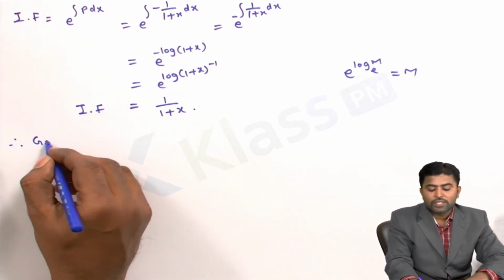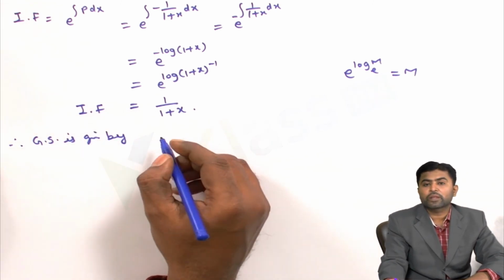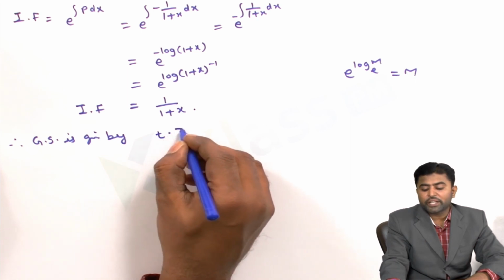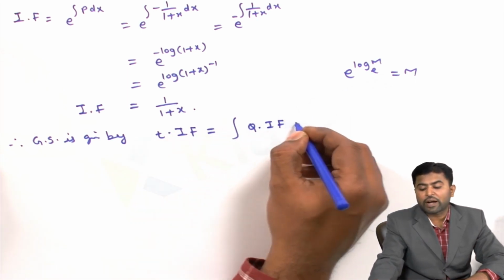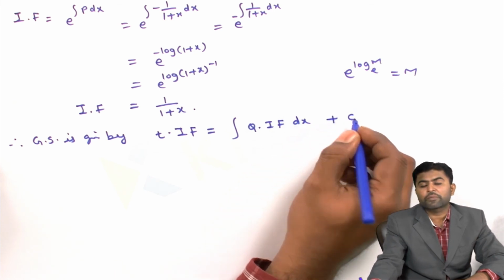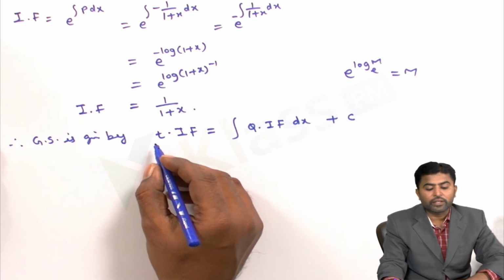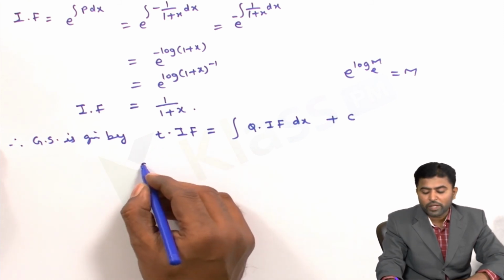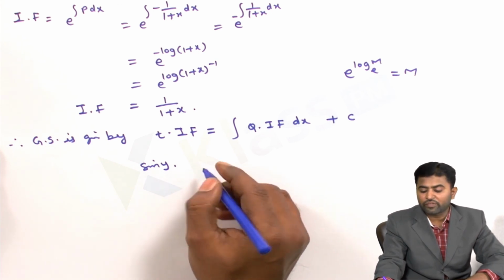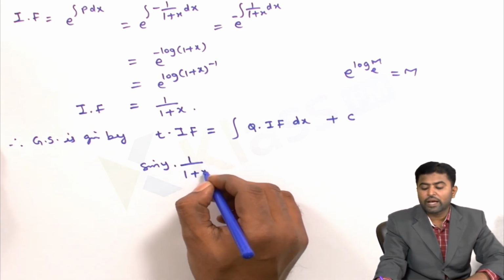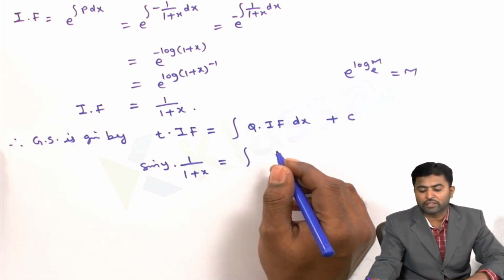So therefore general solution is given by t into integrating factor is equal to integration of q into integrating factor dx plus some constant c. What is t we have written? That is sin y. So we'll replace it here, sin y into integrating factor. Integrating factor we got that as 1 by 1 plus x, which is equal to integration of q into integrating factor.